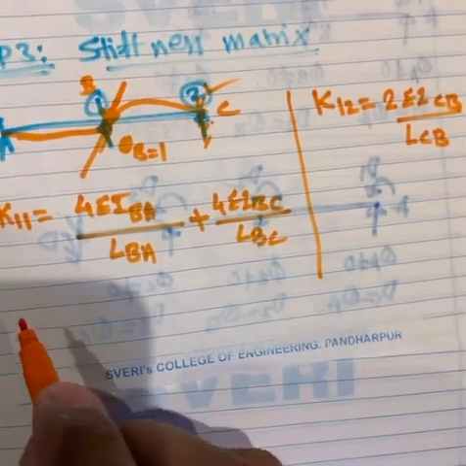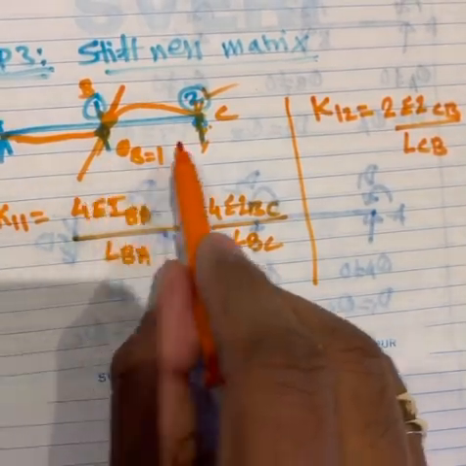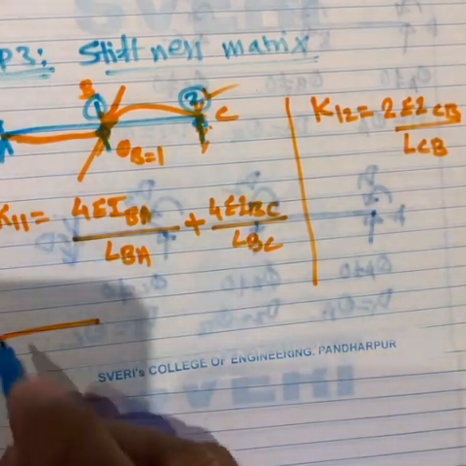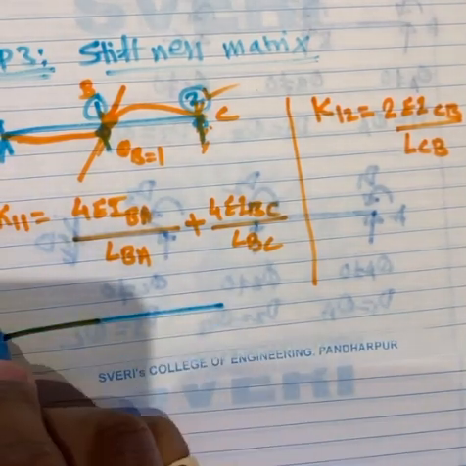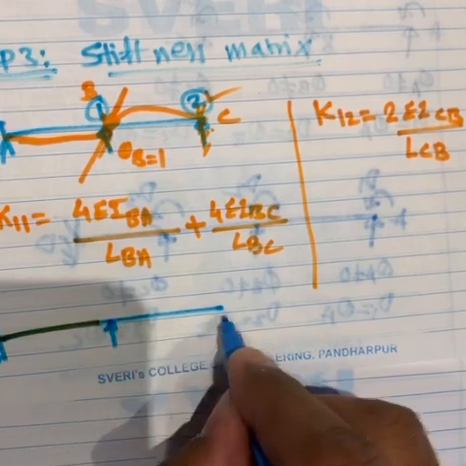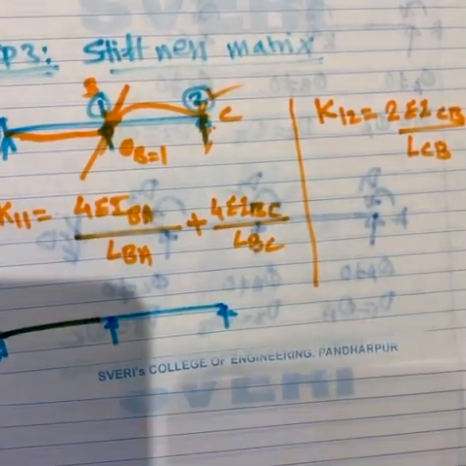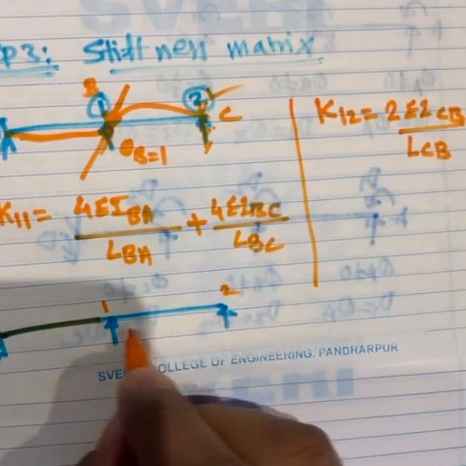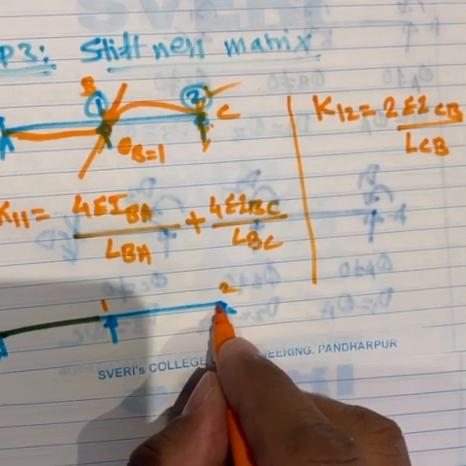Similarly, now we will bring back the beam to the original shape, and instead of at 1, we will give unit rotation at 2. So what will happen here?